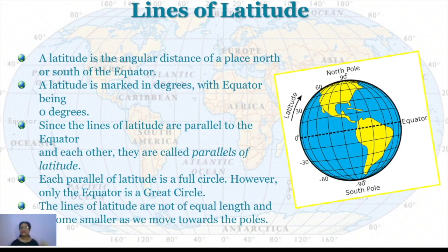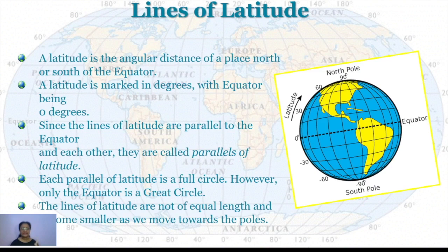Out of all these latitudes, only the equator, only the 0 degree latitude, is a great circle. Now what is the meaning of great circle? A great circle is a line, or you can say a circle which is drawn on the earth, which divides the earth into two equal halves.